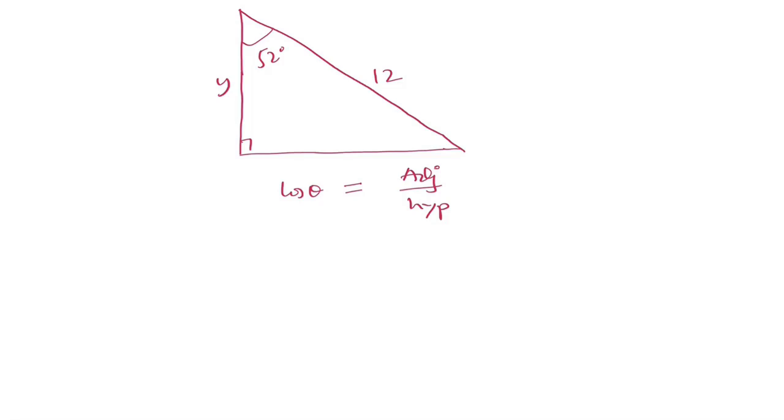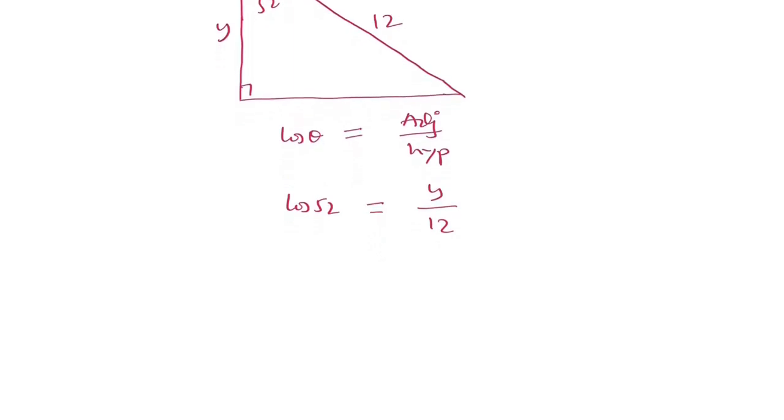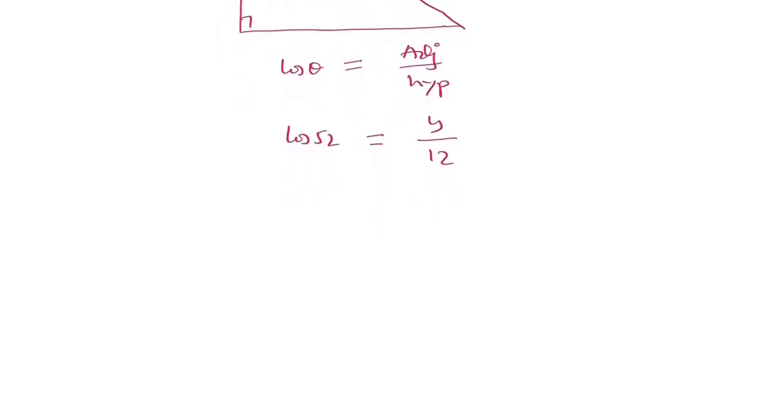Now let us substitute these values. Then our equation is going to be cos 52 equals y over 12. Okay, so next let us make y the subject. Then we have y equals 12 times cos 52.